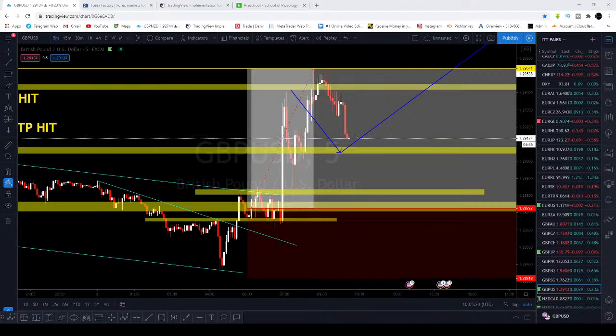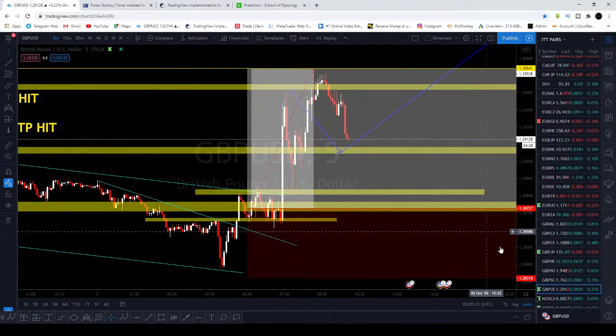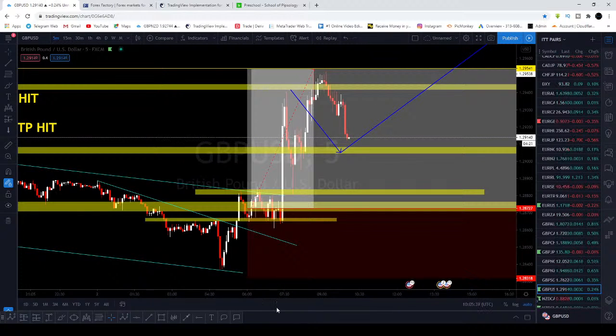GBP has been crazy. Let me try to see what's happening with GBP. Bearish momentum much?